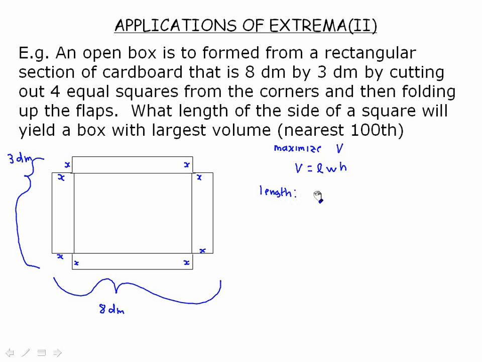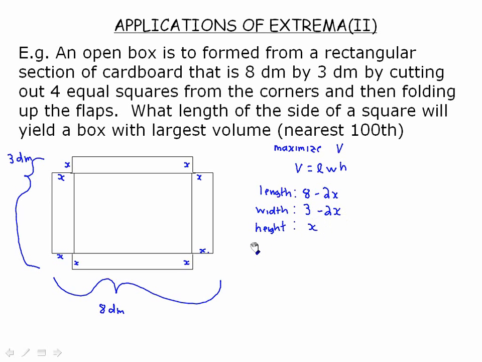The length, which starts off being 8, is going to be 8 minus 2x, because you have the two pieces that are x units long. When you fold the box up, it started off being 8, but you subtract the 2x sides. The width is done in a very similar way: it's 3 decimeters, but you also have to subtract 2x. The height of this box is just x, the part that you fold up.